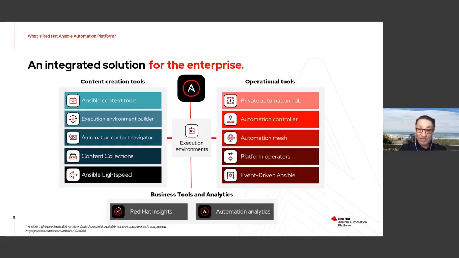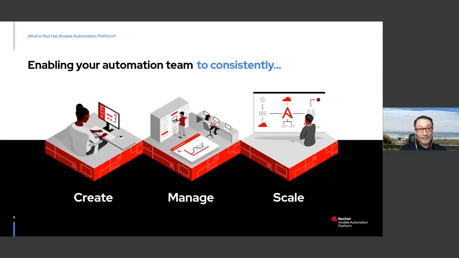And that could be something like running an Ansible playbook. We also have Red Hat Insights and analytics capability for reporting. So with all that, it basically allows your entire team to consistently create, manage, and scale.